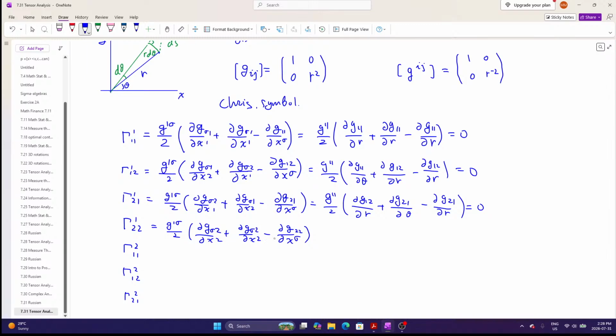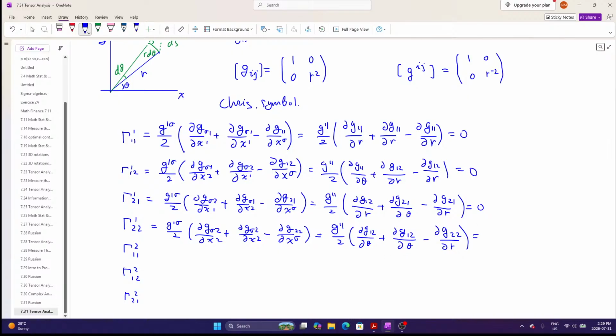Just one term, so g11 over 2, and this is dg12 over d theta plus dg12 again over d theta, and then minus dg22 over dr, when sigma is just 1.